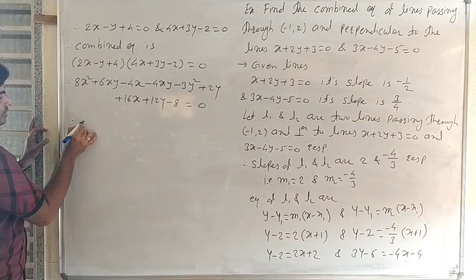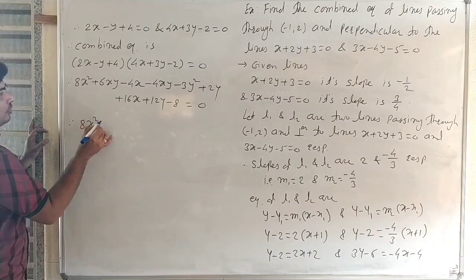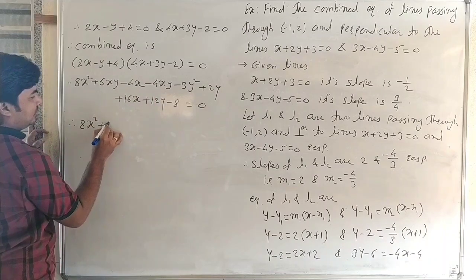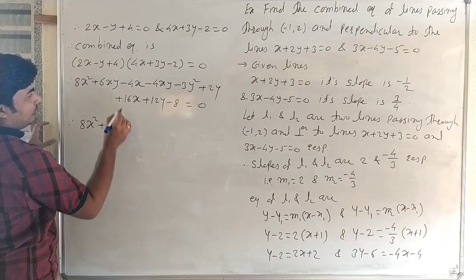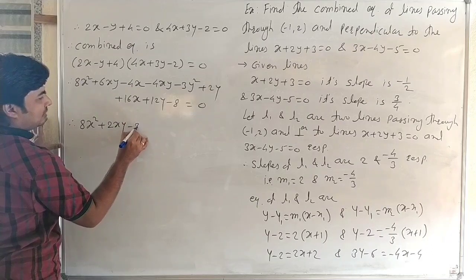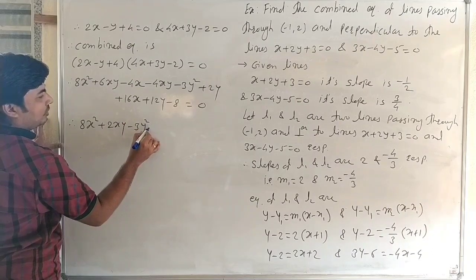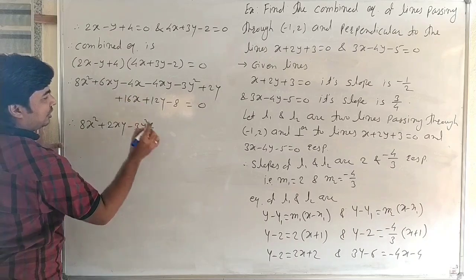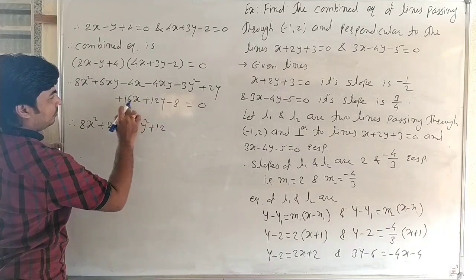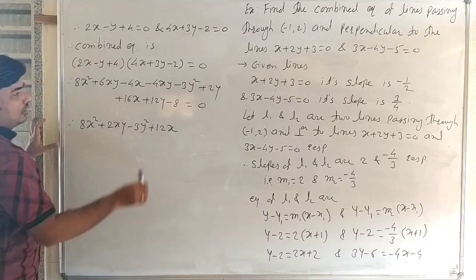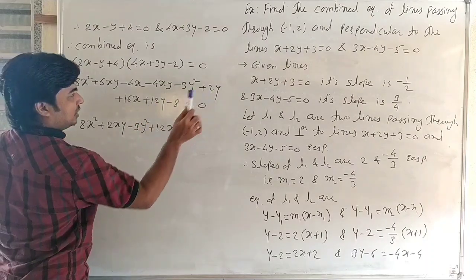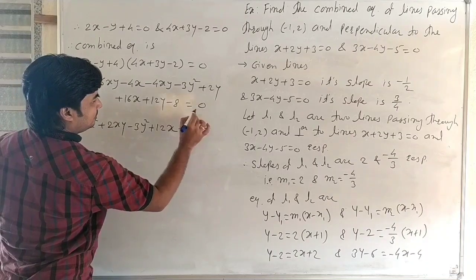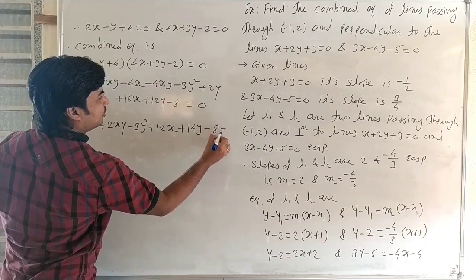Therefore the combined equation is 8x square plus 2xy minus 3y square plus 12x plus 14y minus 8 equals 0.